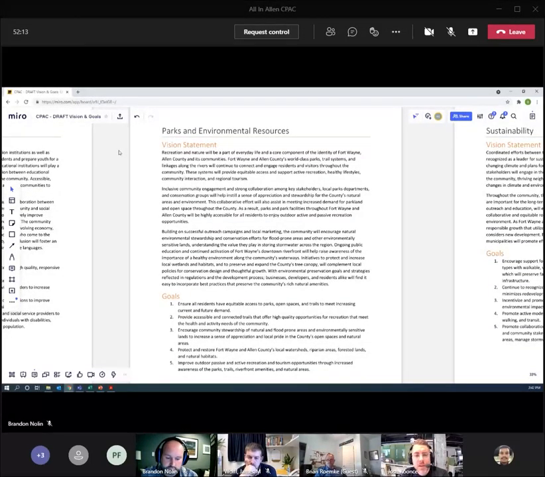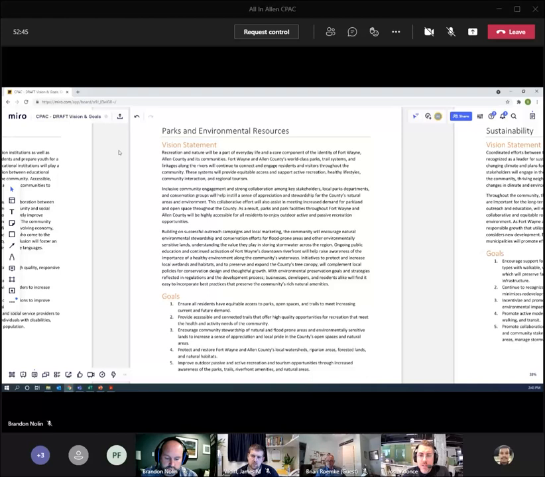This vision statement is all about considering the city and the county's core community assets. The vision statement's about incorporating nature into everyday life, considering stewardship and community involvement in parks and areas of natural environment, and then a focus on protection and collaboration as far as wetlands, tree canopy, waterways, the natural areas that should be preserved.